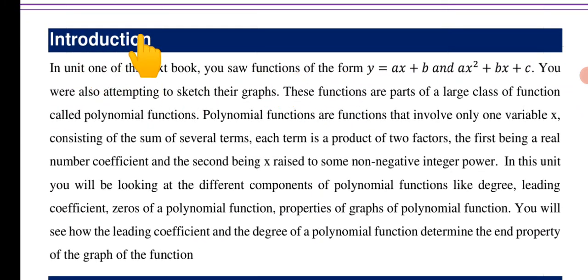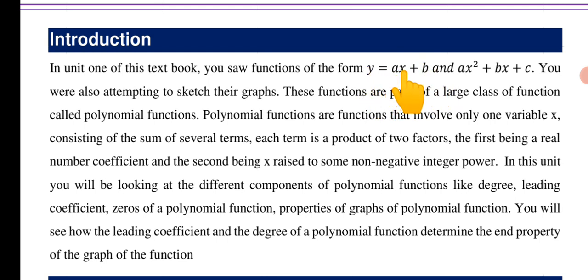Introduction. In Unit 1 of this textbook, you saw functions of the form y is equal to ax plus b. That means in grade 10. In Unit 1, you are familiar with this kind of function, y is equal to ax plus b.